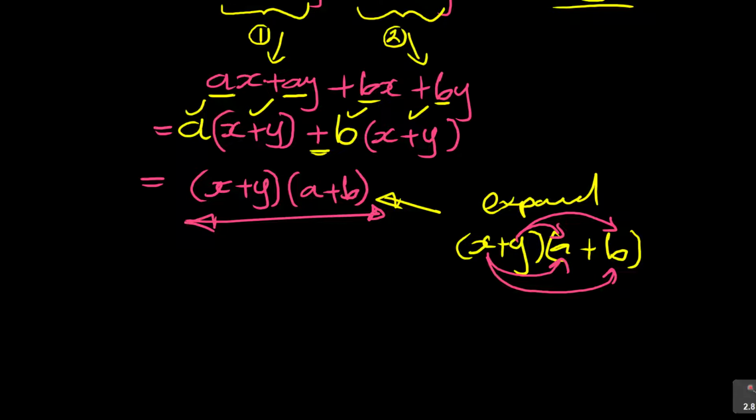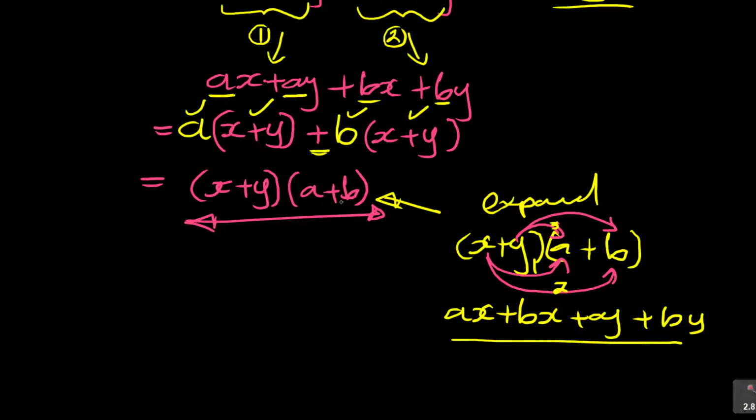Remember the FOIL method? X times a, alphabetical order is ax, that is your 1. Your 2 is x times b, which is bx. Your 3 is y times a, which is ay. And your 4 is plus y times b, which is by.